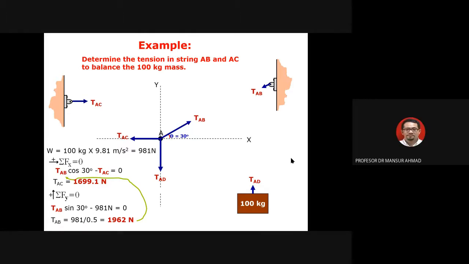Okay, many times in statics, you need to solve a tension problem: tension of cables, tension of strings and ropes, and any members which are in tension.